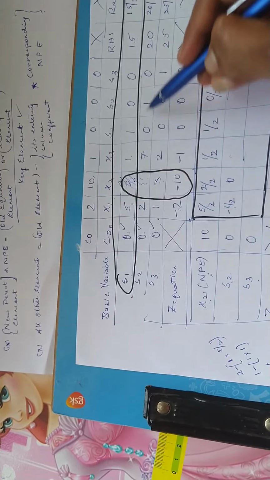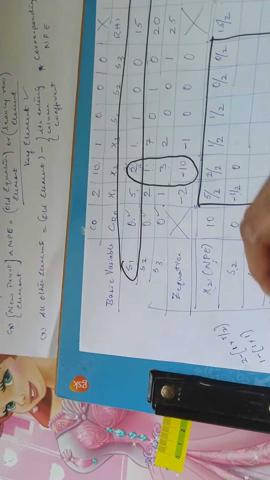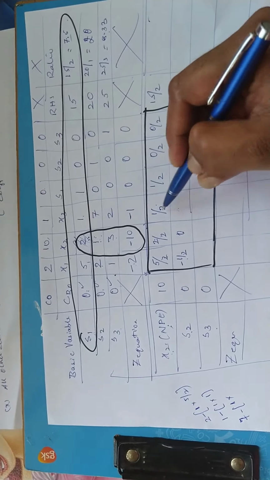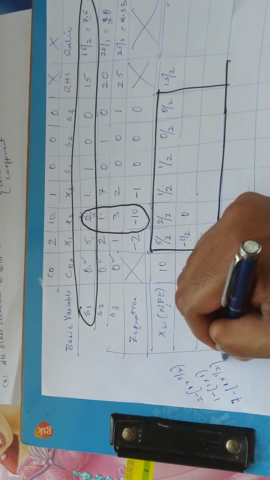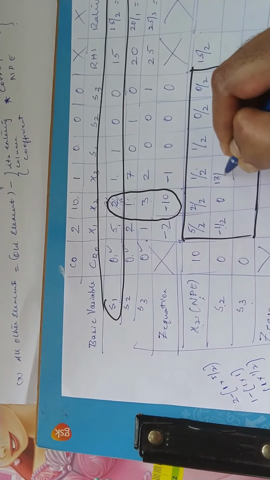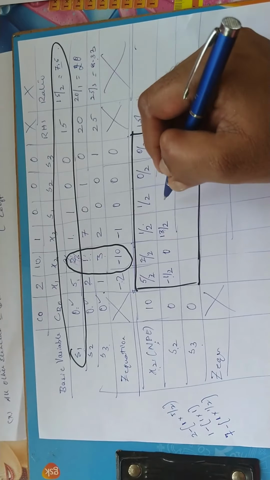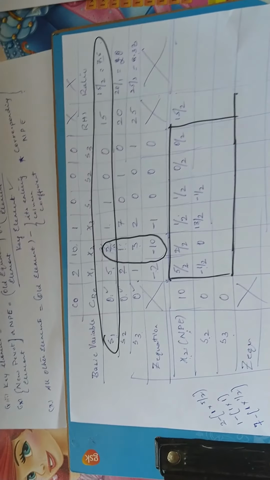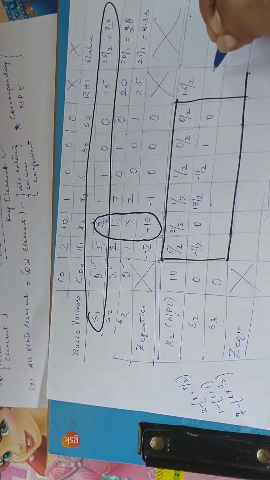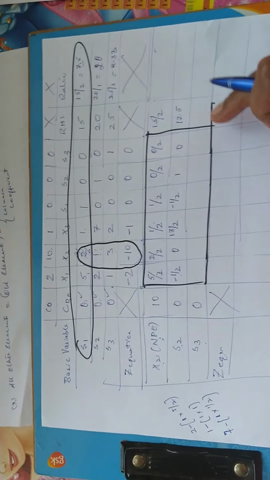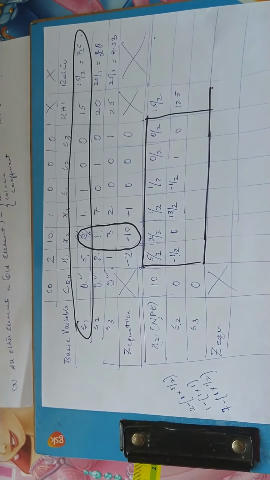The entering column coefficient of this row is 1 and the new pivot element of this column is 1 by 2, so it becomes 13 by 2. Even for the RHS, similar calculations are to be done.